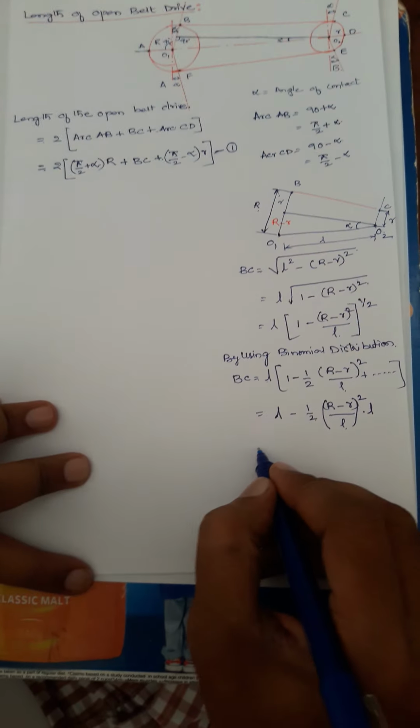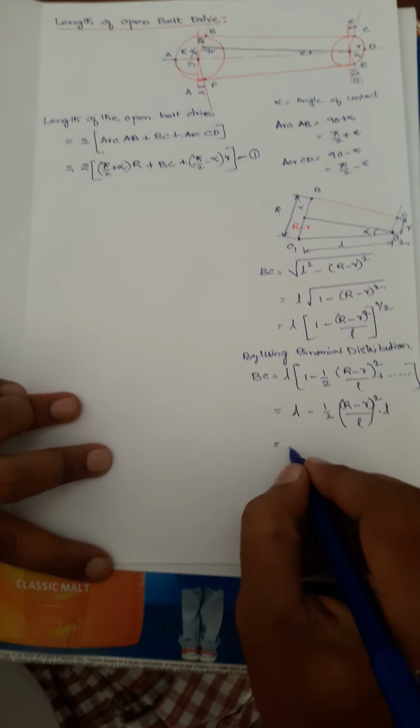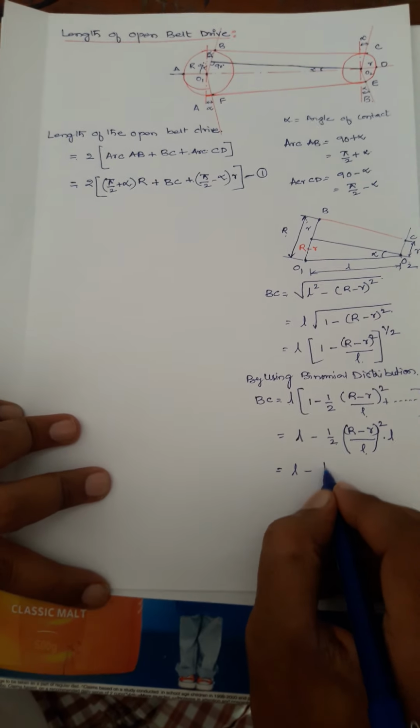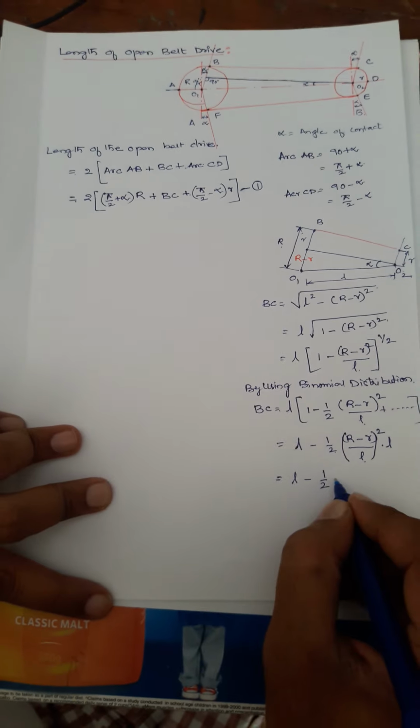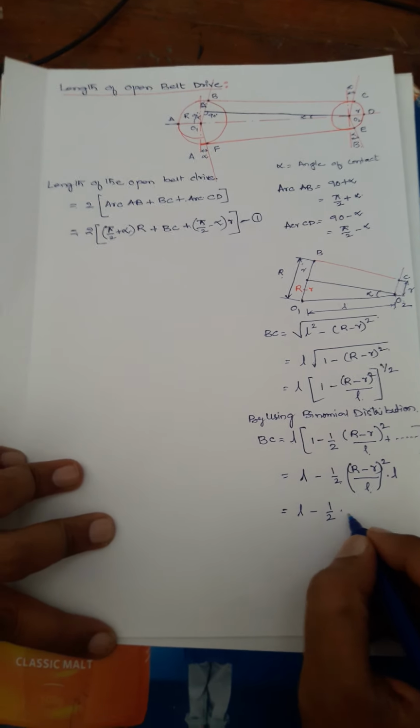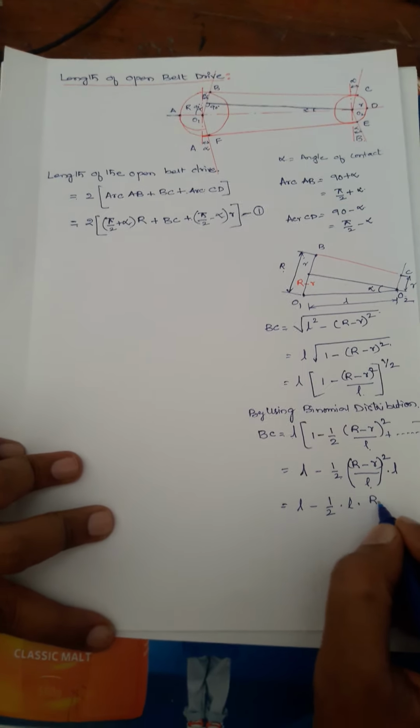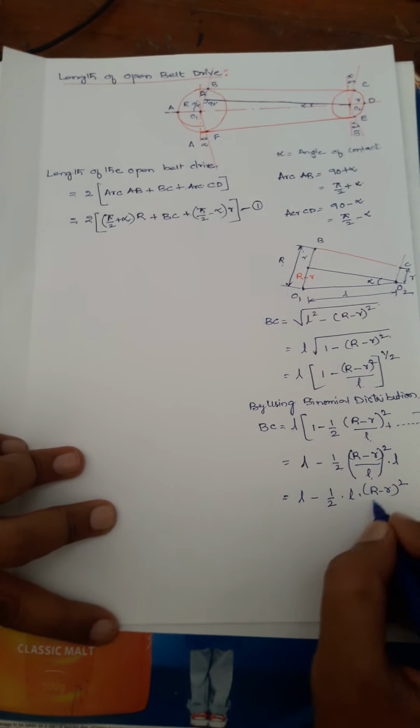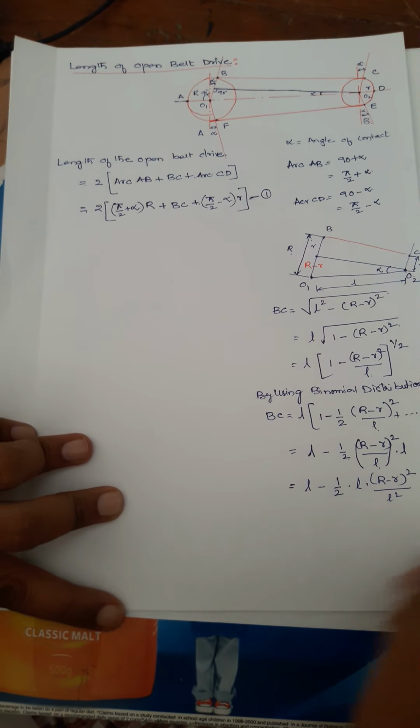That is equal to L minus 1 by 2 into L into capital R minus small r whole square by L square. Just separate it.